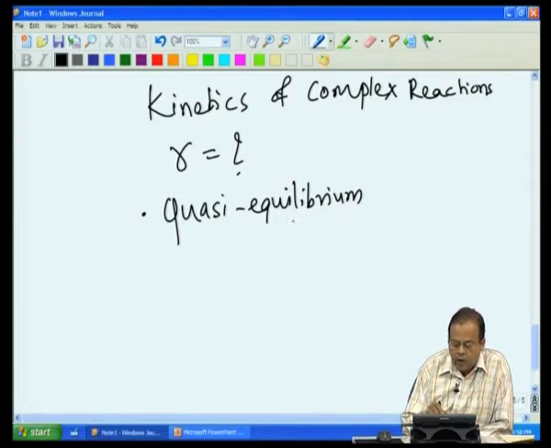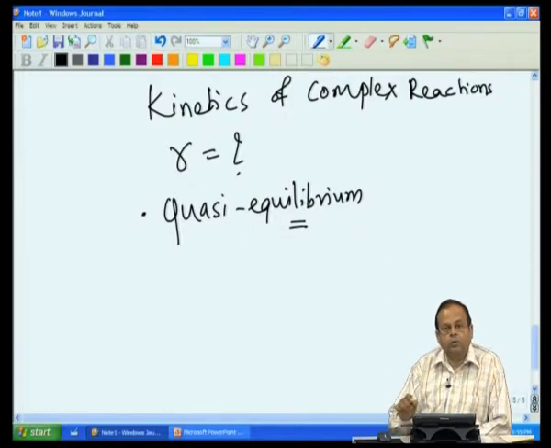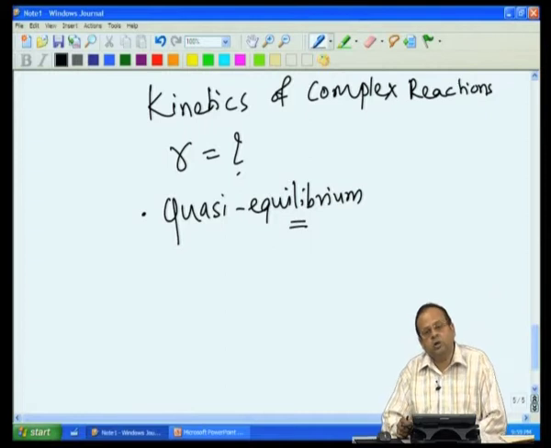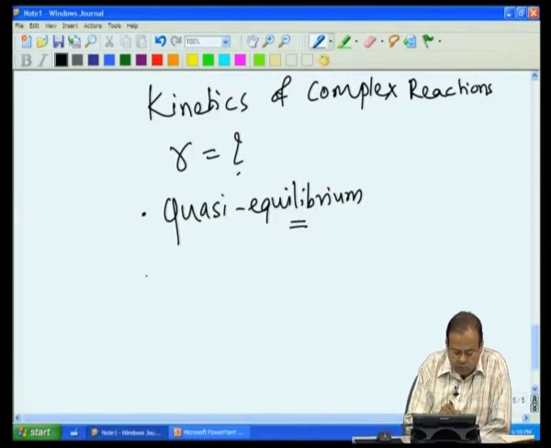So, we have the idea of equilibrium, but not for the entire reacting system, because if the entire reacting system attains equilibrium, our rate is 0. So, a quasi equilibrium. So, there are certain reactions which are slow, so compared to these reactions, all other reactions have reached equilibrium, and that is quasi equilibrium approximation.